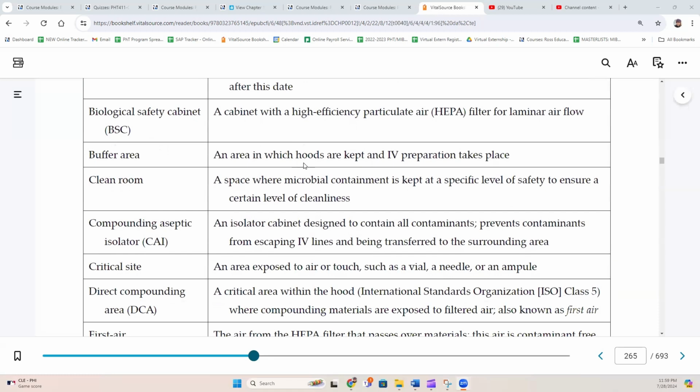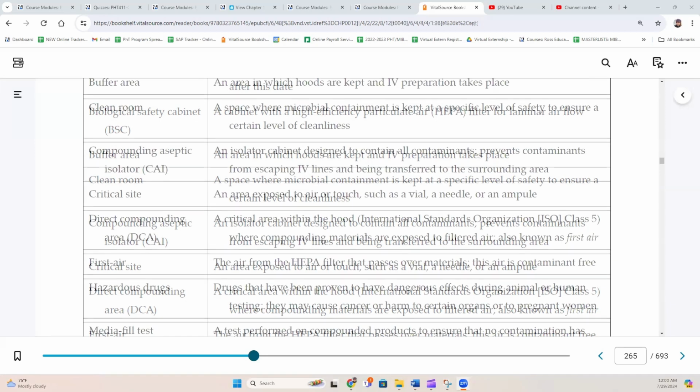The biological safety cabinet, a cabinet with a high efficiency particulate air HEPA filter for laminar airflow. The buffer area, an area in which hoods are kept and IV preparation takes place. The clean room, a space where microbial containment is kept at a specific level of safety to ensure a certain level of cleanliness.